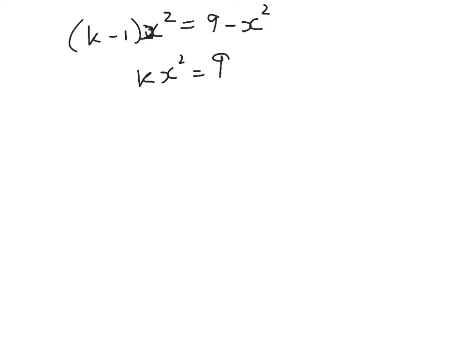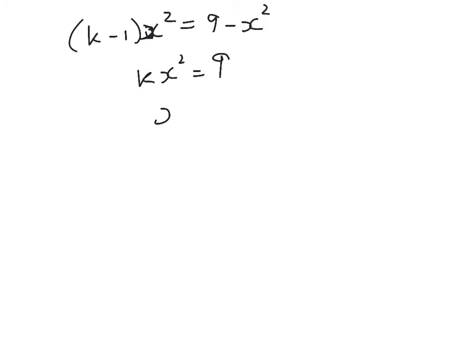Right, so let's take a look at that now. Where does that match? What have we got? Well, we've got k minus 1 x squared equals 9 minus x squared. So kx squared, expanding out, and then adding x squared to both sides, is equal to 9.